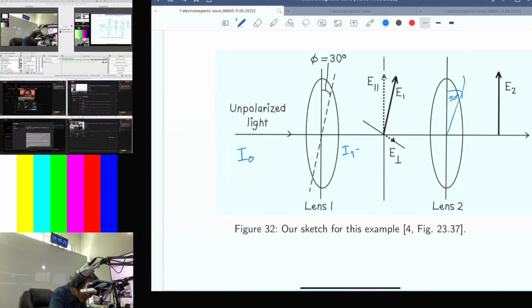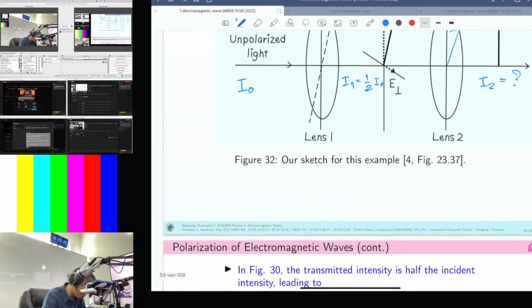I1 is 1 by 2 I0, and here is I2, the result after the second lens. Of course, once you use Malus's law, I is equal to I max times cosine square angle phi, right?